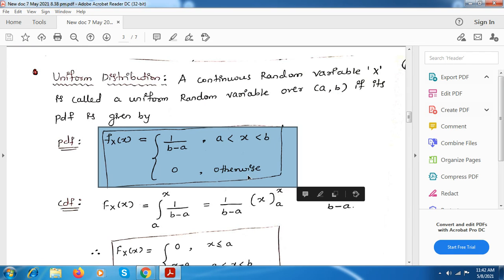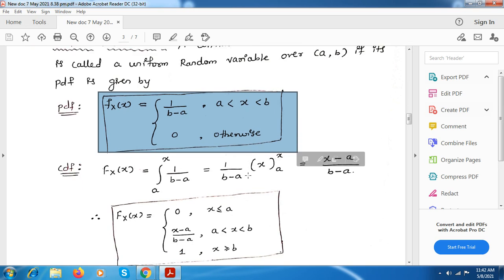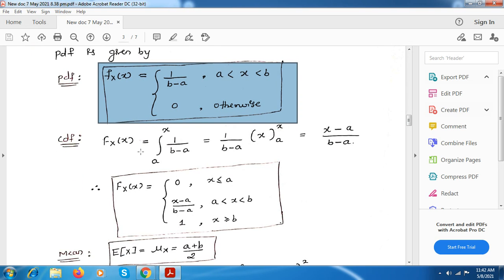So here the CDF will be just the integration of this PDF value. Next, if you see the CDF, that is F x of x, here the integration will be from a to x. In general we write from minus infinity to x, but here the lowest value is a.